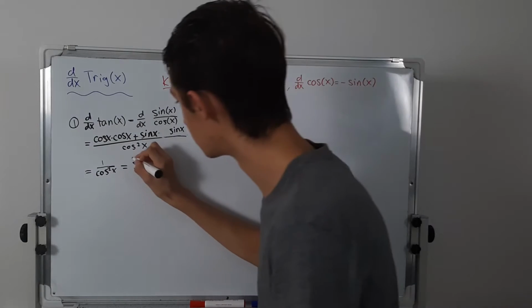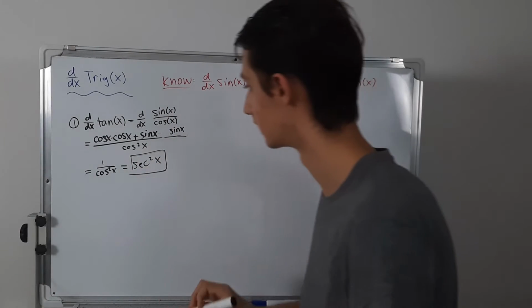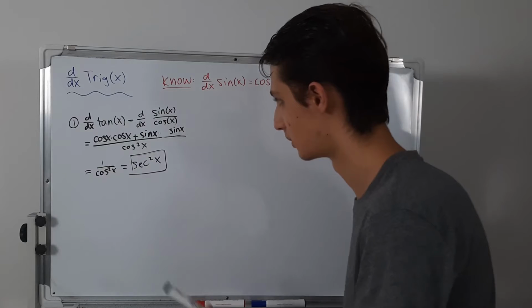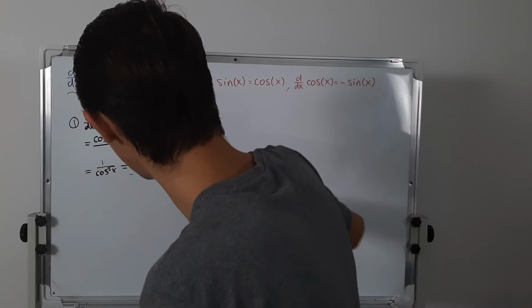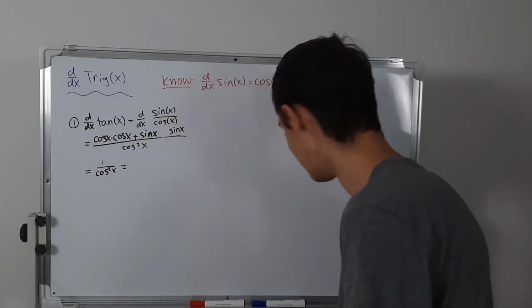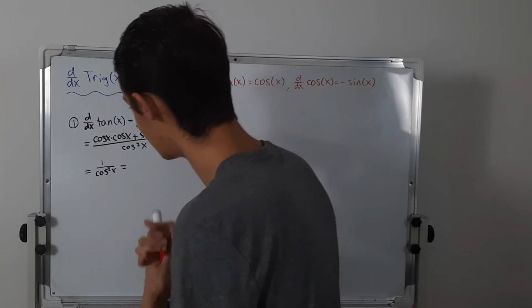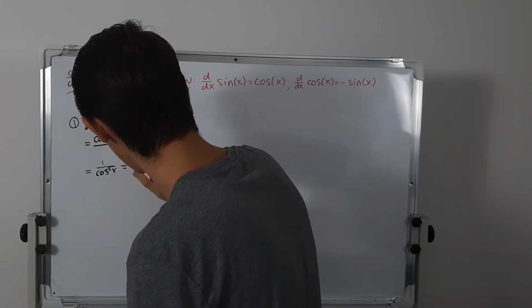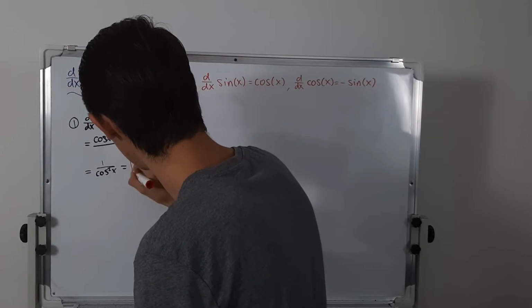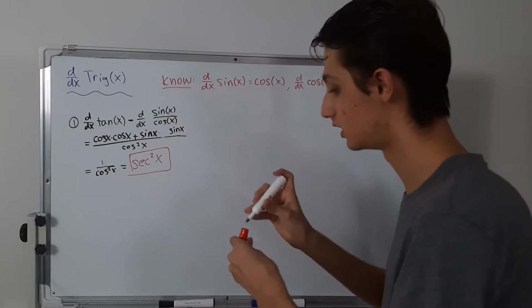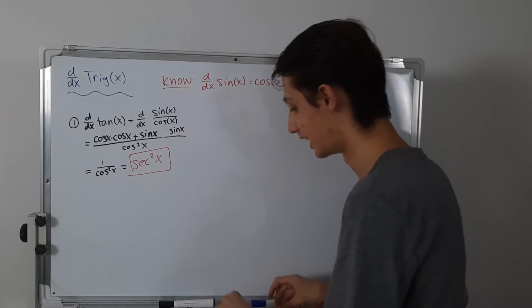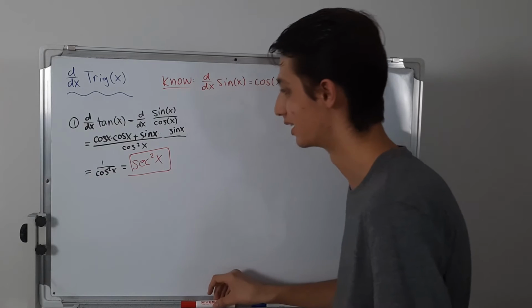So this is the derivative of tangent. I wanted to write my answer in red, just so we have them all in red. So the derivative of tangent is secant squared of x.